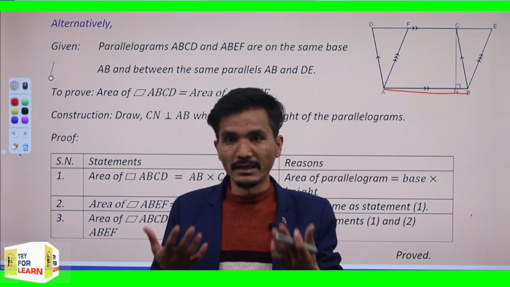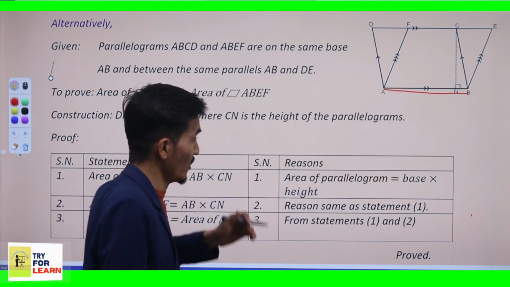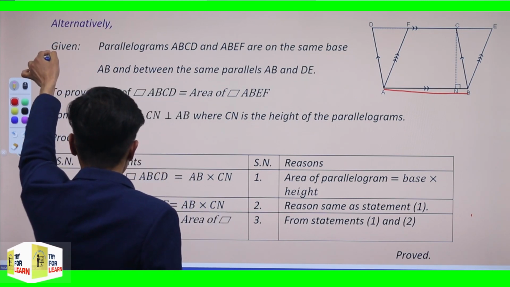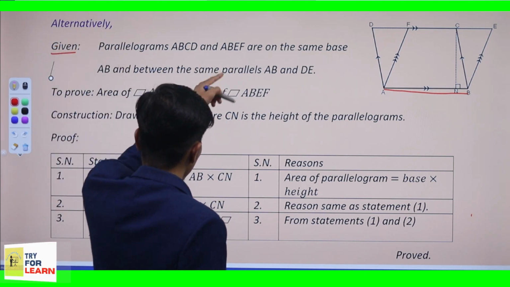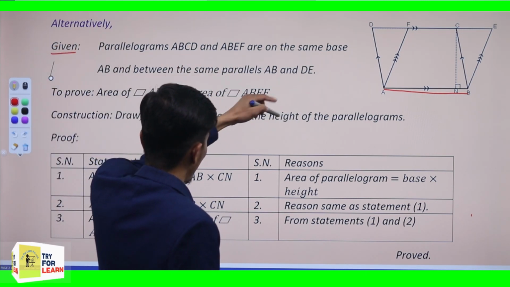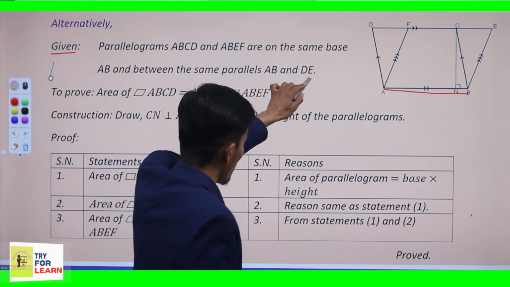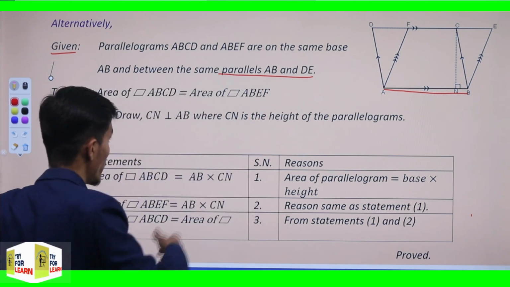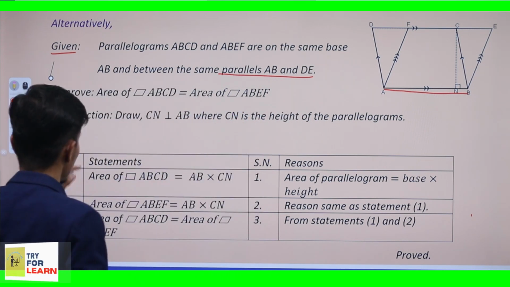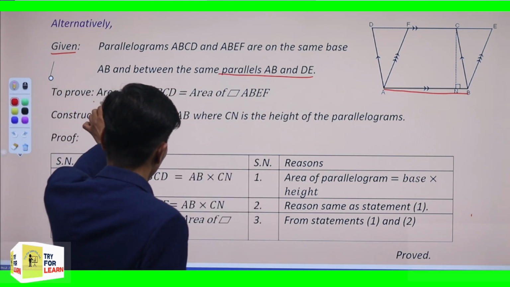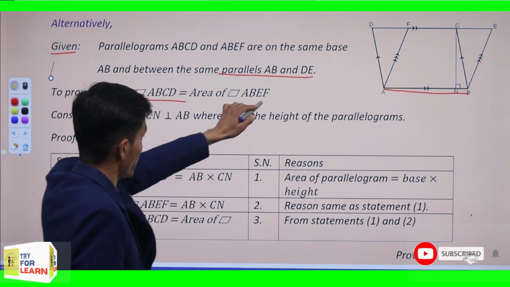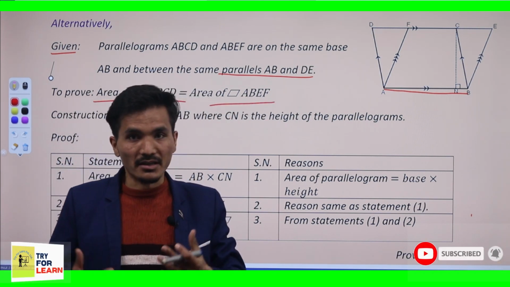After drawing these, you need to write what is given. Parallelograms ABCD and ABEF are on the same base and between the same parallel lines AB and DE. And to prove: area of parallelogram ABCD equals area of parallelogram ABEF.